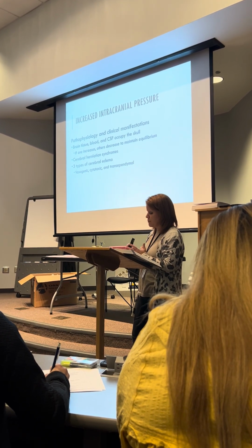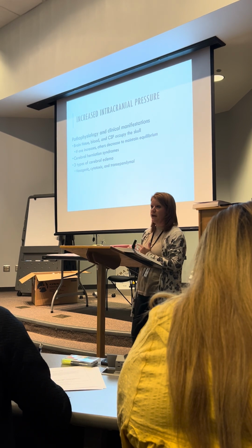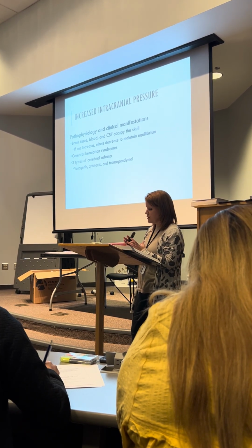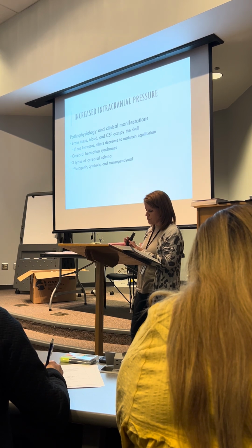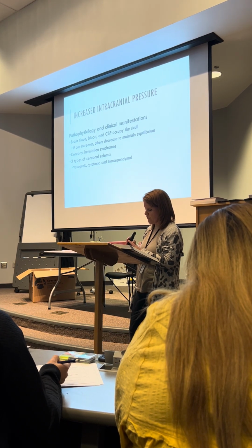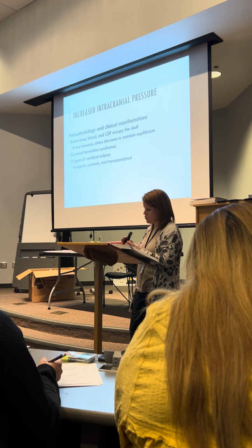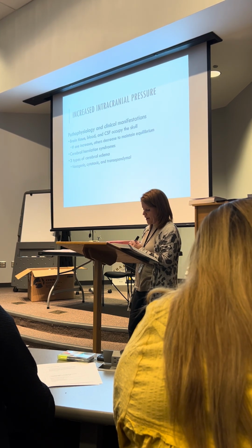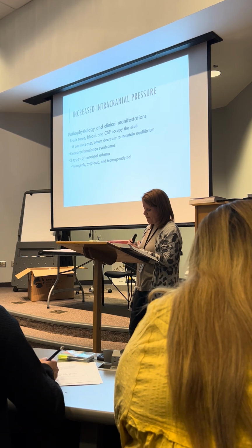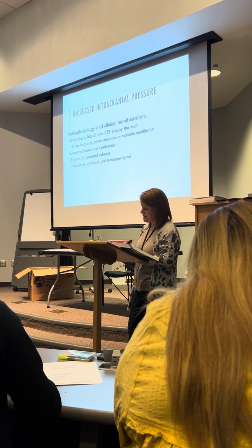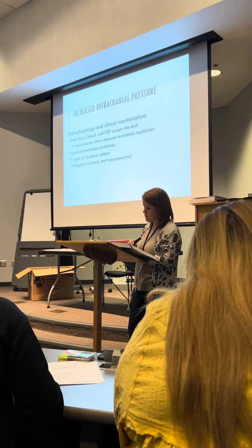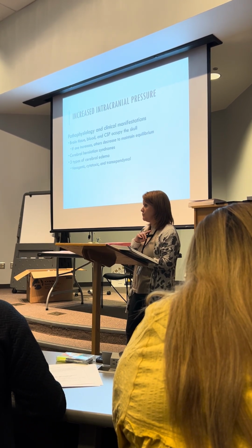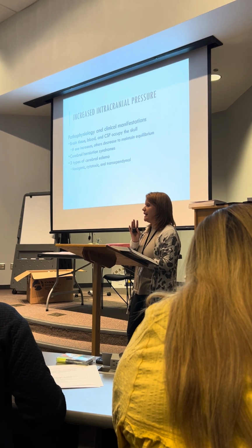That leads to bradycardia and then irregular respiratory patterns. So that's the Cushing's triad, those three things: changes in the blood pressure, changes in the heart rate, and an irregular respiratory pattern. Another late symptom mentioned there is a unilateral fixed and dilated pupil.